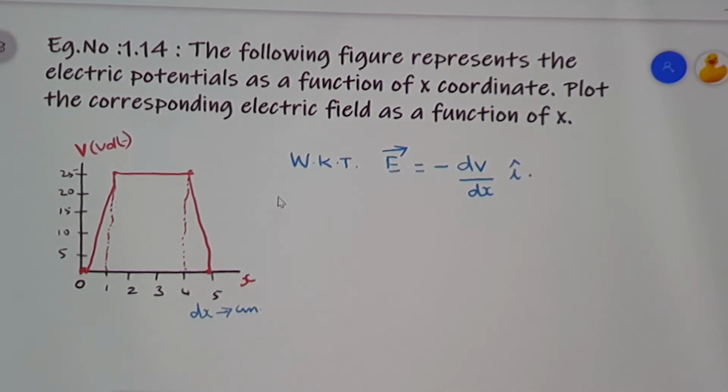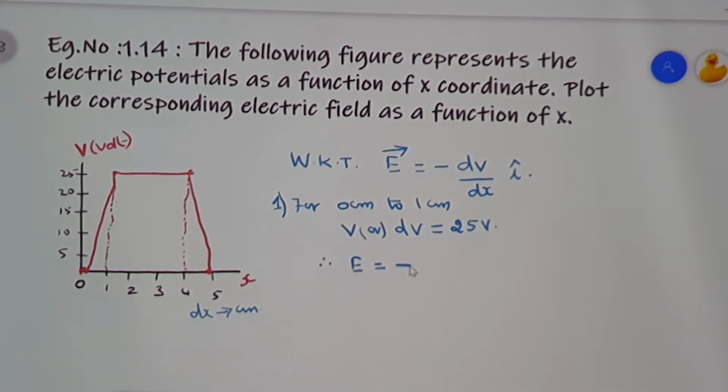So the first concept I am writing here like this. For the variation in x from 0 centimeter to 1 centimeter, the change in potential dV varies from 0 to 25, so the change in potential is 25 volts. Therefore, what is the electrical field E?